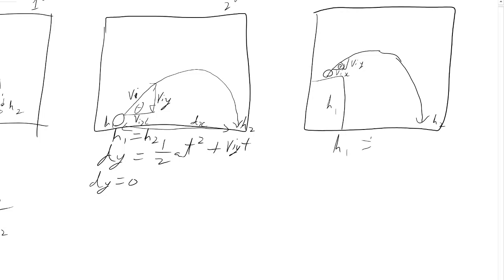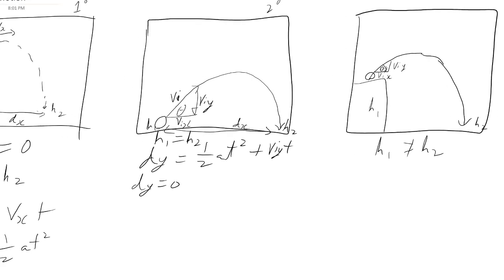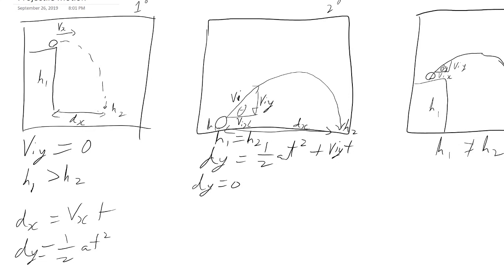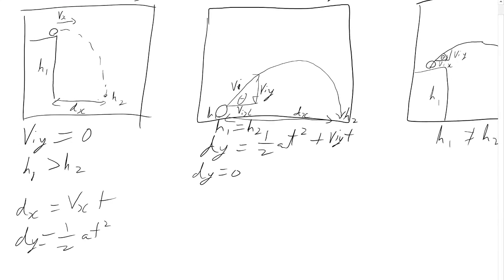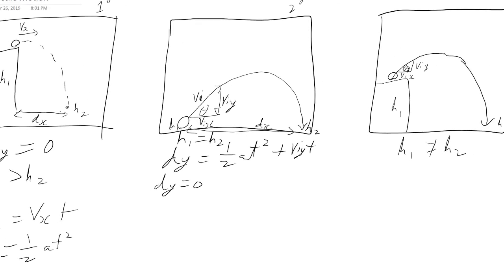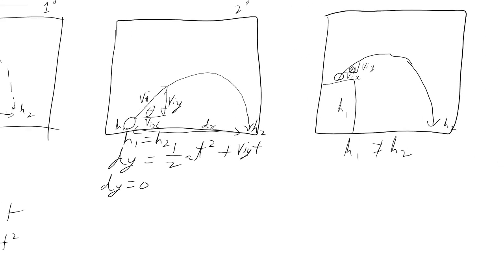h1 does not equal h2. So this is the main thing that separates these three, how h1 compares to h2. If it lands lower, first degree, it's the easiest. If it lands at the same height, second degree, it's the second hardest.